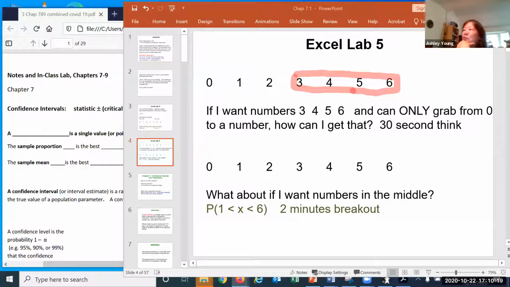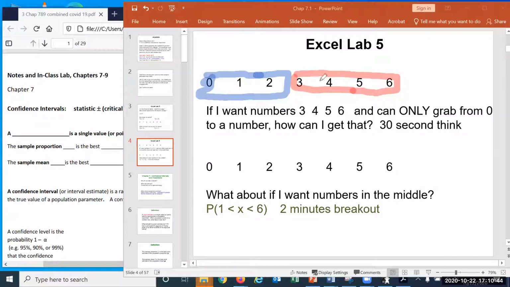Okay, yes. So what Jamila is saying is that, let me get a different color. If I want the red part, I know that the red part plus the blue part, I can find the blue part because that's just binom dist of 2. Everybody understand that? It gives me from 0 up to 2. So if I want the red part, I can find the green part.